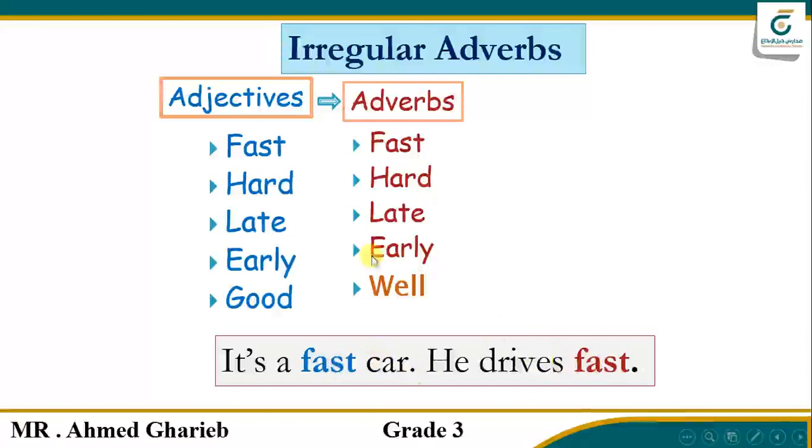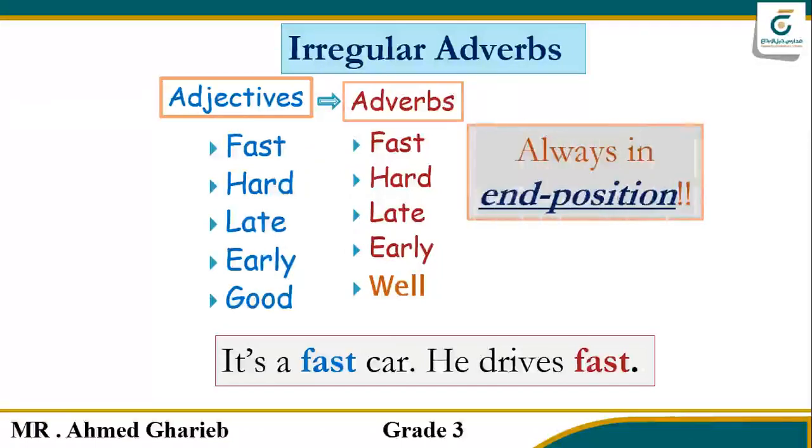So if they have the same shape, how do we make the difference between them? The adjective describes nouns and comes before them or after the verb to be, and the adverbs describe verbs and come before or after the verb or at the end of the sentence. Let's have some examples.